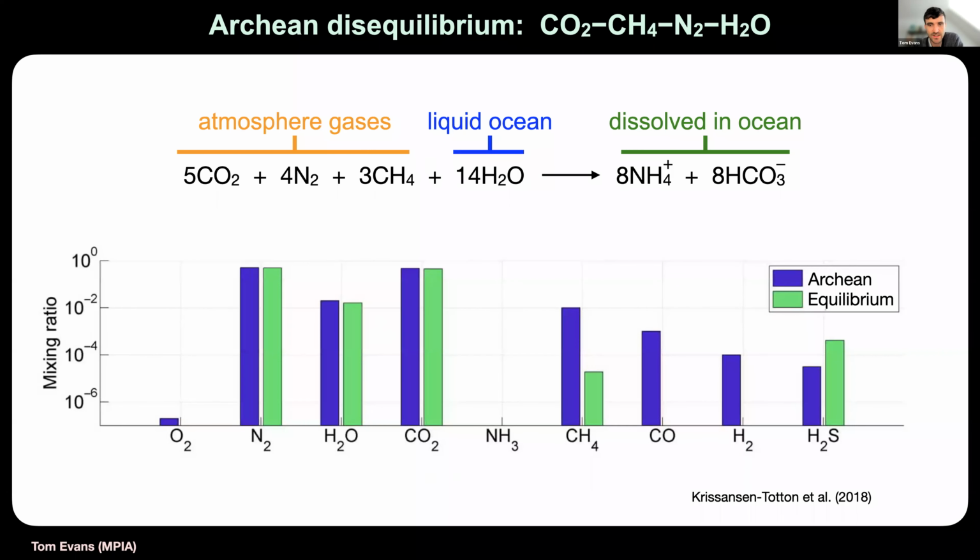And that's illustrated down the bottom in the bar diagram, with blue bars indicating the abundances of various gases during the Archean, and green bars showing the corresponding equilibrium abundances. So, as I said, for methane, the abundance was about 100 times higher during the Archean than we would have expected if the atmosphere was in chemical equilibrium.